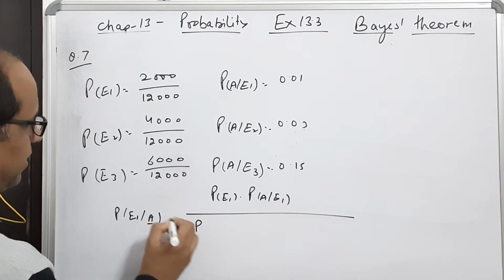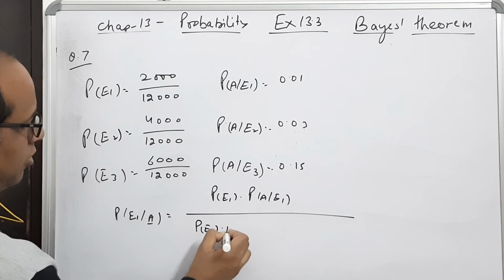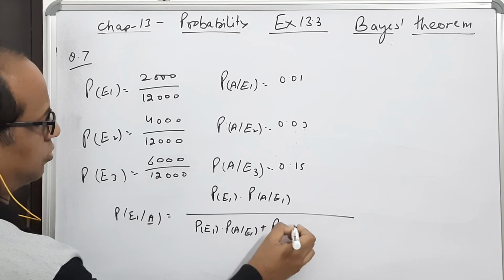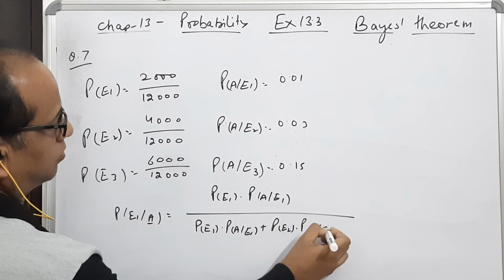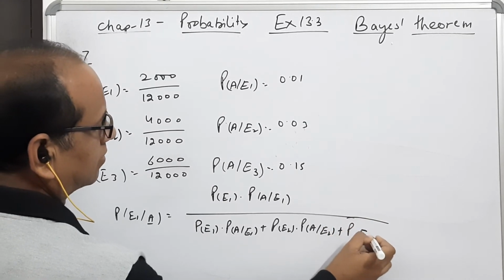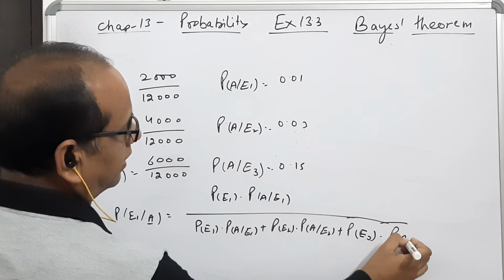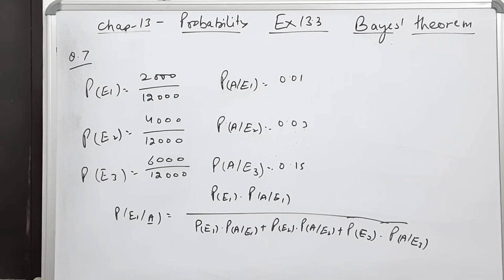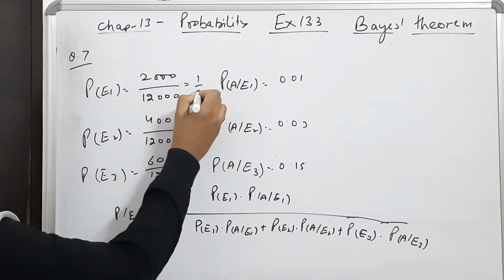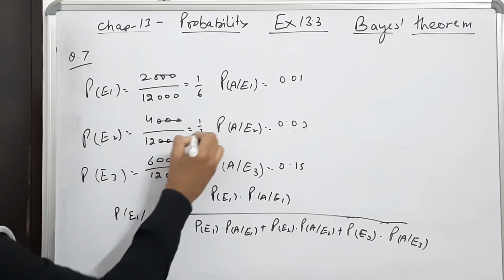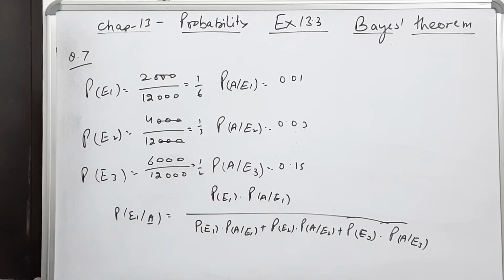So the formula will be P(E1) dot P(A|E1) plus P(E2) dot P(A|E2) plus P(E3) dot P(A|E3), this one. This is the required part of this. If you want to simplify, you can write 1 by 6 here. These 3 zeros and 3 zeros cancel. 1 by 3 here and 1 by 2 here. That can be written here to simplify the part.